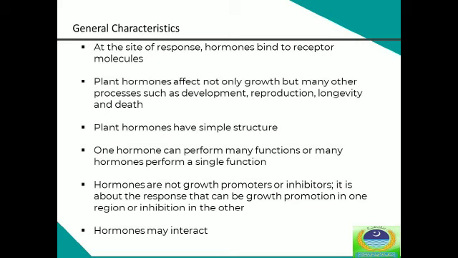Another example is abscisic acid, which has been historically thought of as a growth inhibitor, but young tissues also have high abscisic acid levels. Now we know that exogenous application of abscisic acid can restore normal cell expansion and growth by reducing the transpiration rate of the plant so that the plant does not run out of water. And hormones can also interact with each other.